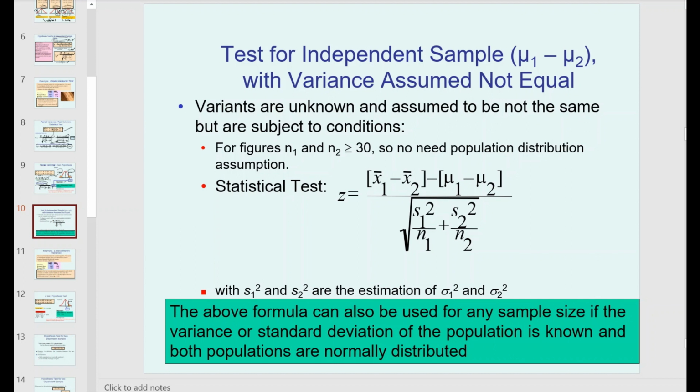Under this category, we'll be using the statistical test of Z. Because you assume the variances are not equal, you do not pool them together but treat them separately, as for sample 1, as for sample 2, with S1 squared and S2 squared as the estimates for sigma 1 and sigma 2.